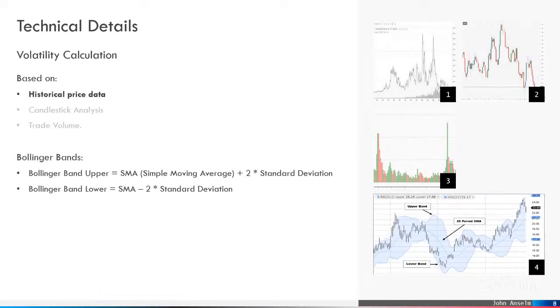So we show historical price data. The volatile periods can be identified with Bollinger bands with two levels, inside bands and outside bands. We use the Bollinger band concept: upper band and lower band are calculated by SMA and standard deviation. So we need to calculate standard deviation.